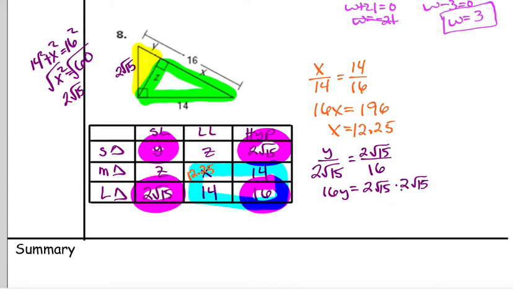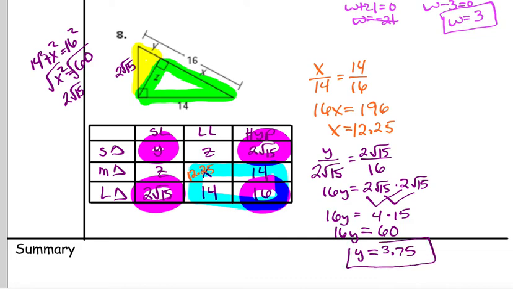The way that you multiply these together, the 2 times the 2 is a 4, root 15 times root 15 is just 15 because that buddies up to get out of that house there. So 16y on the left side, 4 times 15 is 60, and so y ends up being 3.75. So 3.75 there for y.